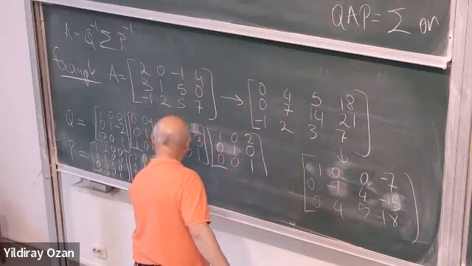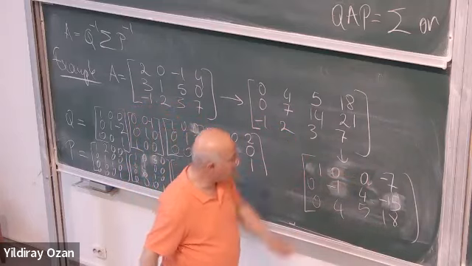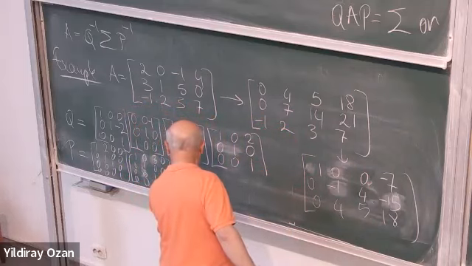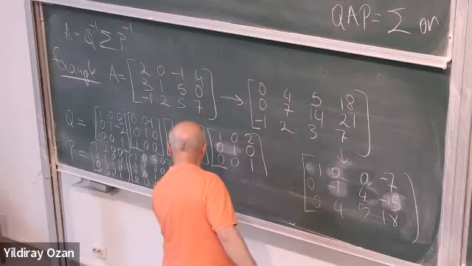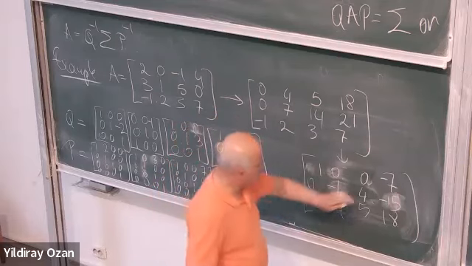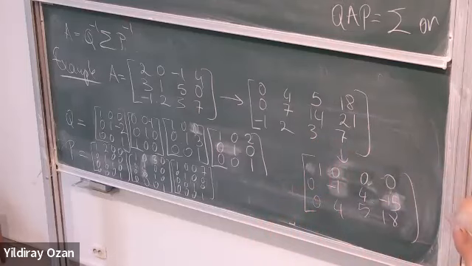And then take the first column, multiply by 7 and add to the fourth one. So it will kill this guy. Okay.